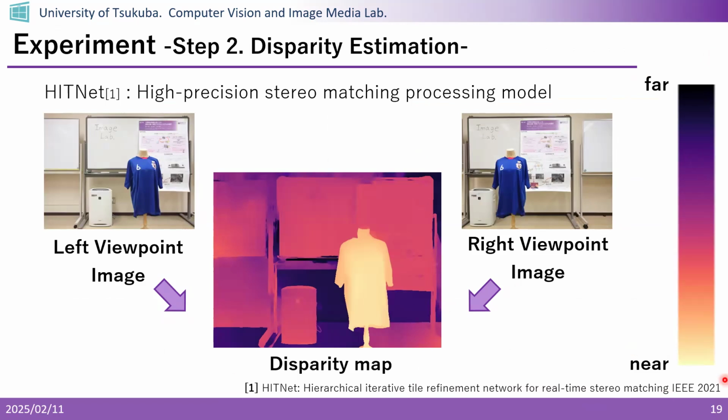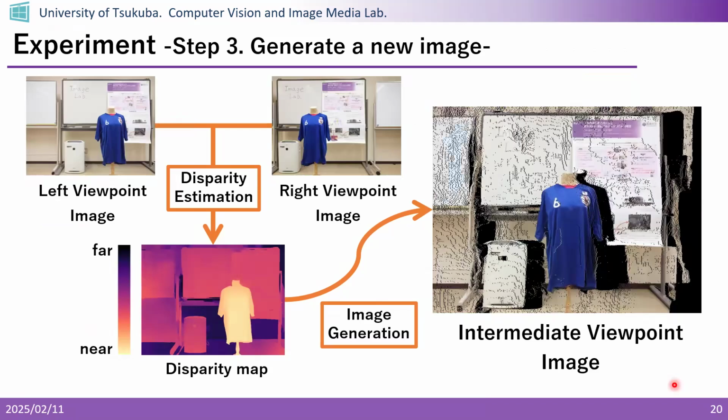Light yellow areas are large disparity and near the camera. The result of generating the intermediate viewpoint image using this disparity image is shown here. In the intermediate viewpoint image, the mannequin is located at the center.